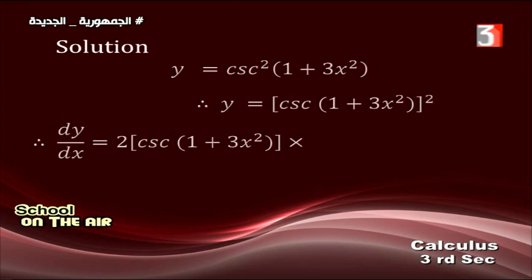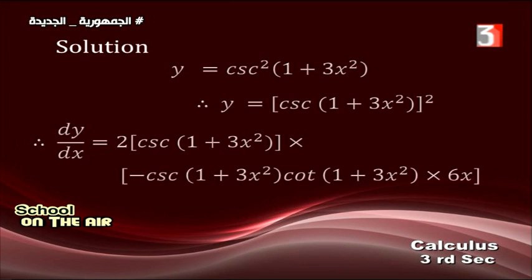The function inside the bracket is a trigonometric function, which is cosec of 1 plus 3x power 2. The derivative of cosec of 1 plus 3x power 2 is negative cosec of 1 plus 3x power 2 multiply cotan of 1 plus 3x power 2 multiply the derivative of the angle. The derivative of 1 equals 0, and the derivative of 3x power 2 equals 6x. Then the derivative of the angle is 6x.